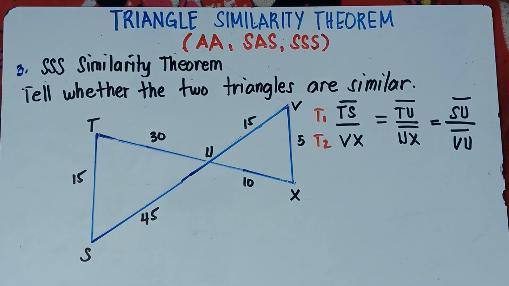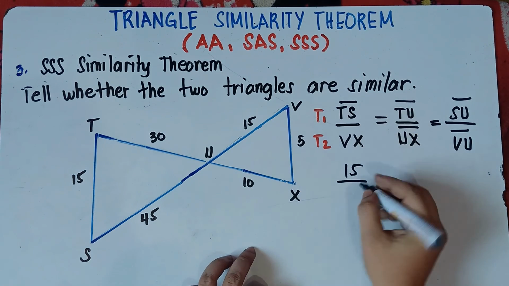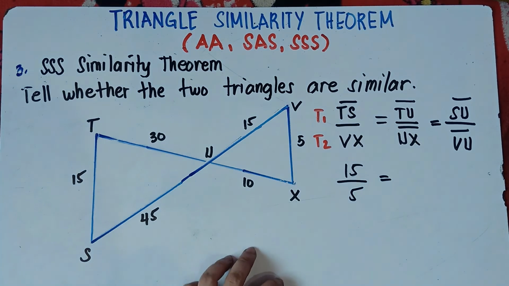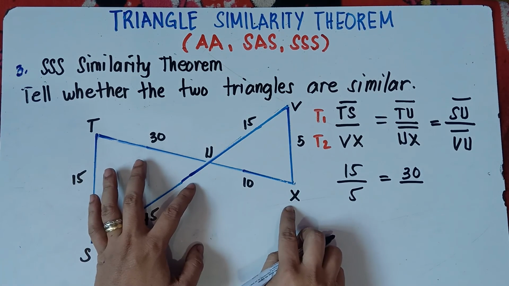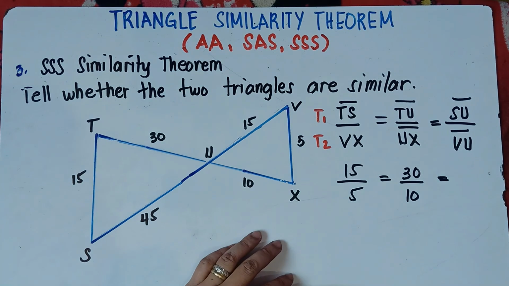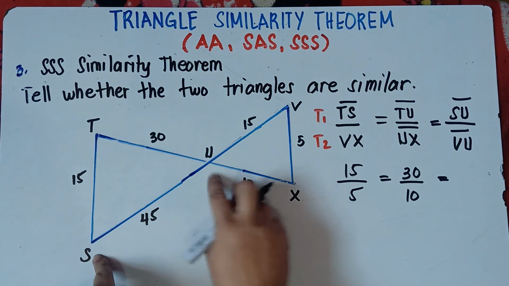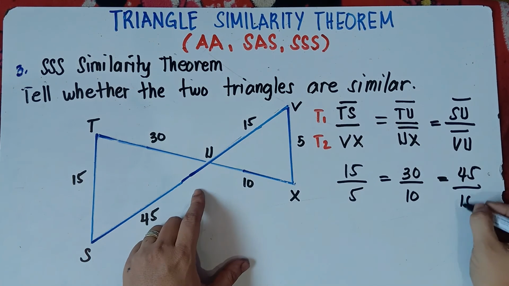Alright, and then we substitute. So TS, that is 15, over VX, that is 5, is equal to TU, that is 30, over UX, that is 10, is equal to SU, that is 45, over VU, that is 15.